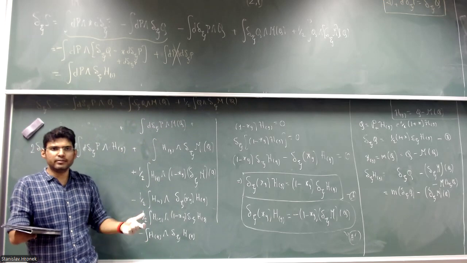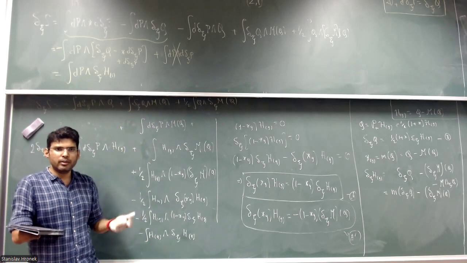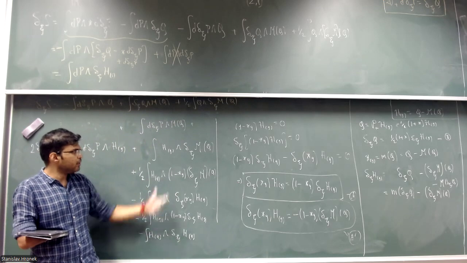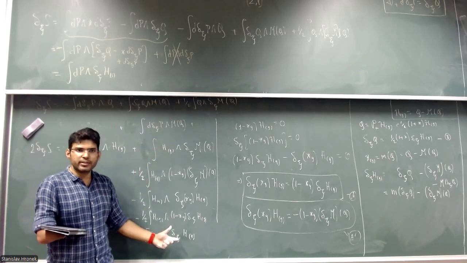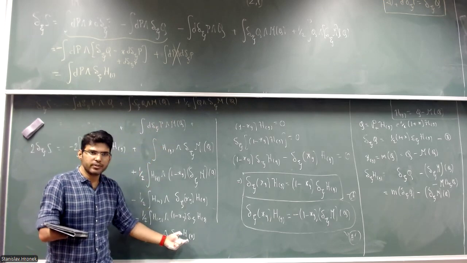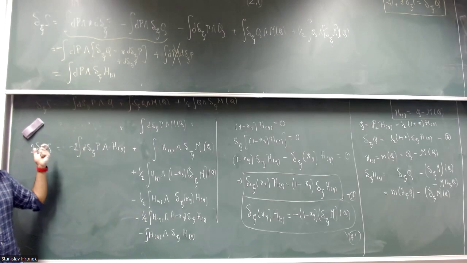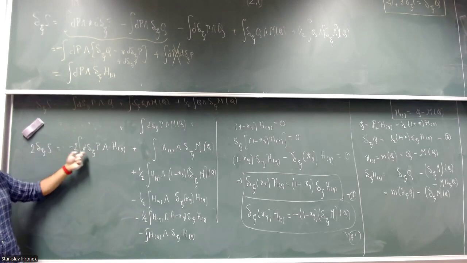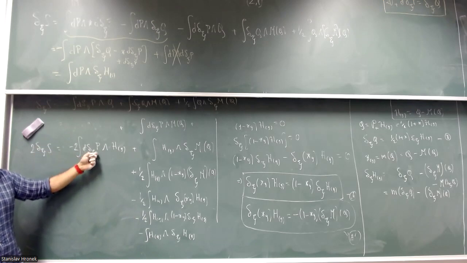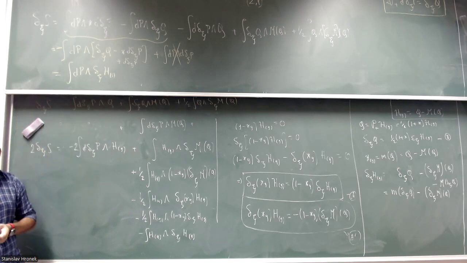And this I understand, I know how to make sense of it. That was the whole goal: I reduce one of them to this, and then I know how this guy transforms. Then I don't know how this guy transforms, but I want to demand that this whole thing should be invariant. That fixes it. Sure. I see where you're going.